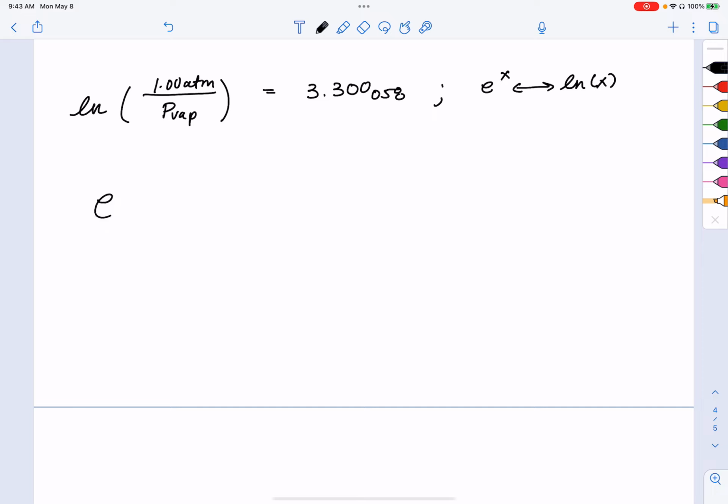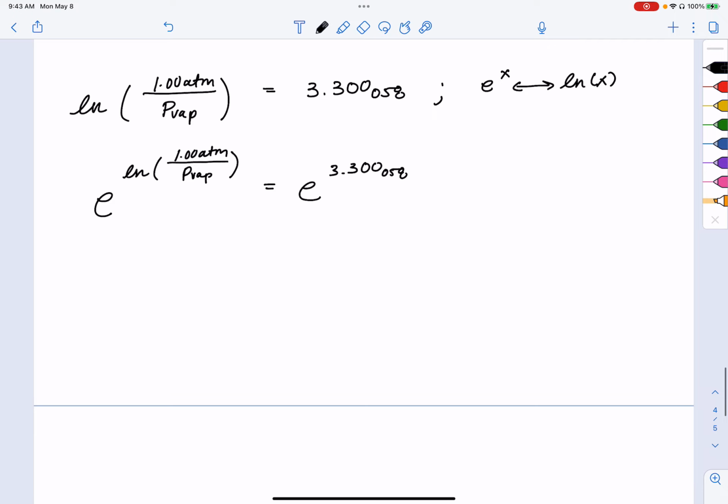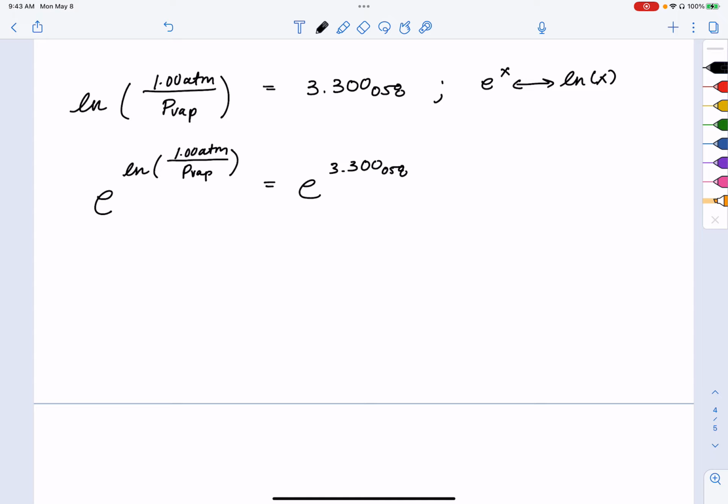So this is going to be e raised to the natural log of 1 atmosphere over our vapor pressure that we want is equal to e raised to the 3.30058. And this is in fact e, it's not like our EE, which we've been using as times 10 to the. This is a number, just like pi is a number.